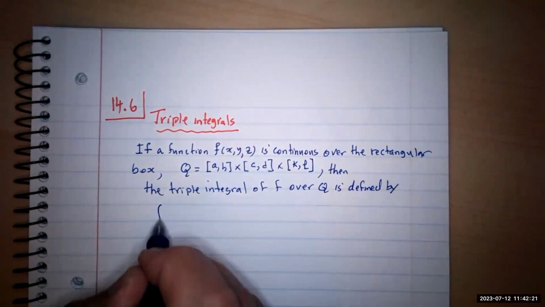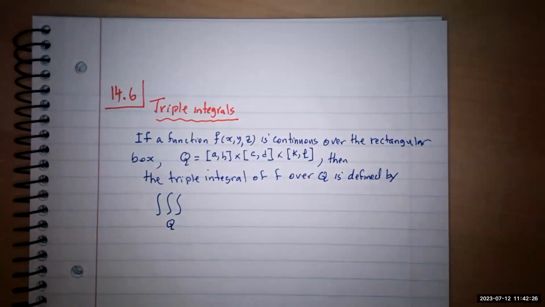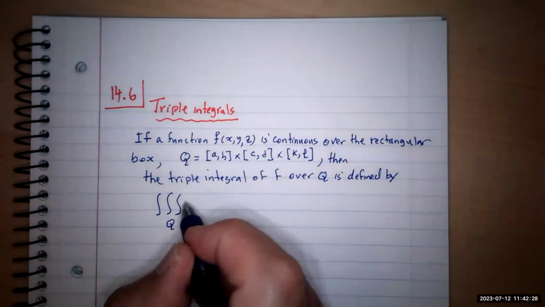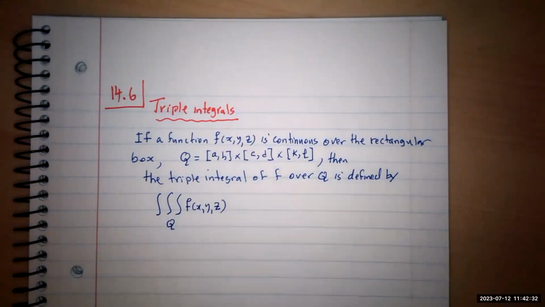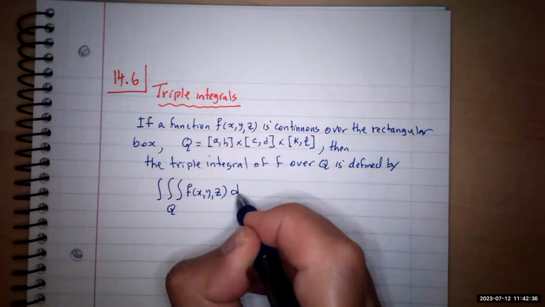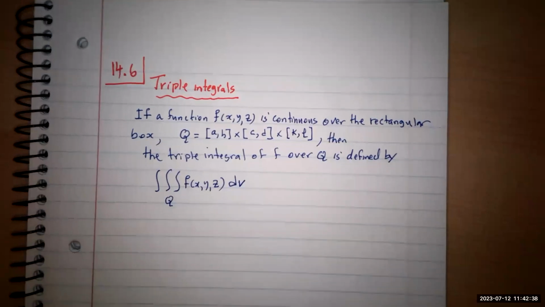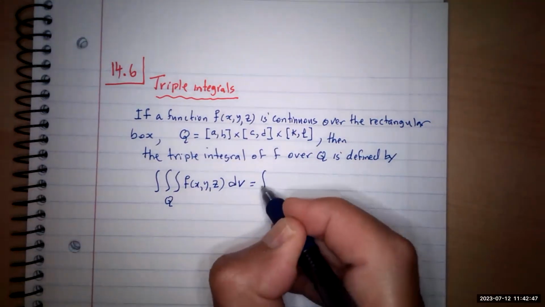This is the way we write it down: triple integral over Q of the function f of x, y, z. And instead of dx, dy, dz, we write dV, the differential of the volume. The differential of the volume would be dx times dy times dz, and it is defined as we did before.